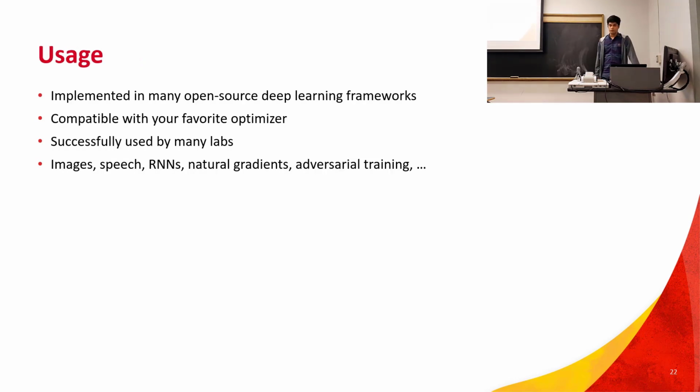And for the usage, it is implemented in many open source deep learning frameworks. And if we go to TensorFlow, if you write tf.nn, you can use batch normalization easily, just those 3 words. And it's compatible with your favorite optimizer, and successfully used in many labs.